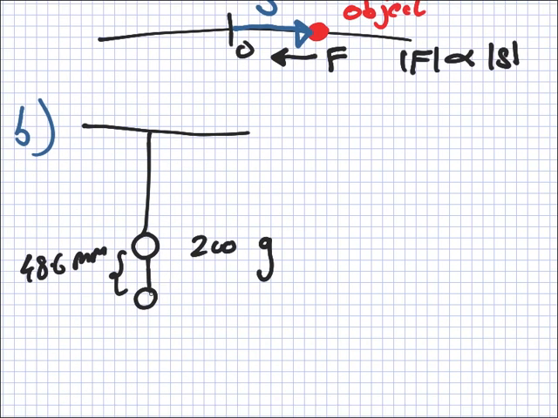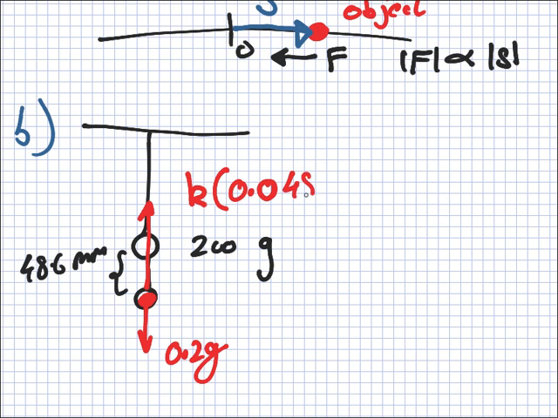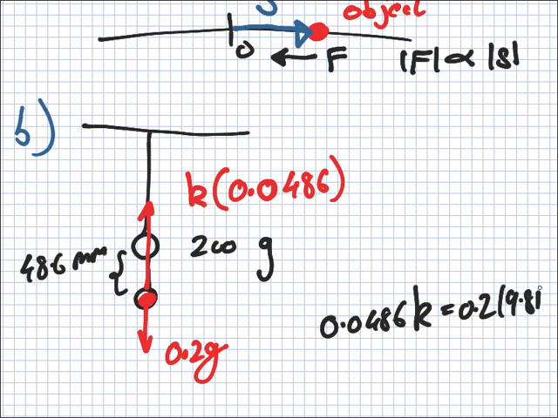Okay, so there's 2 forces here. The weight, which is 0.2 times g, and then Hooke's law, which says F equals K delta X, which in this case is 0.0486 K equals 0.2 times 9.81.